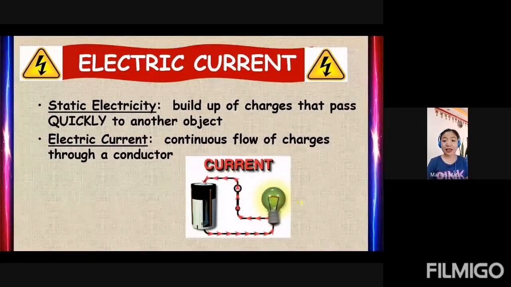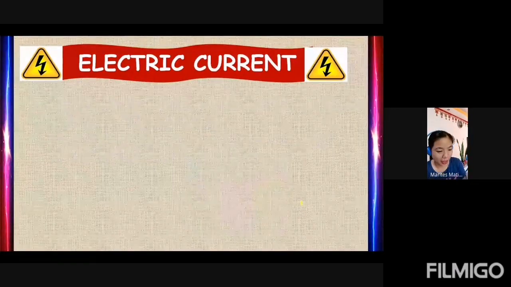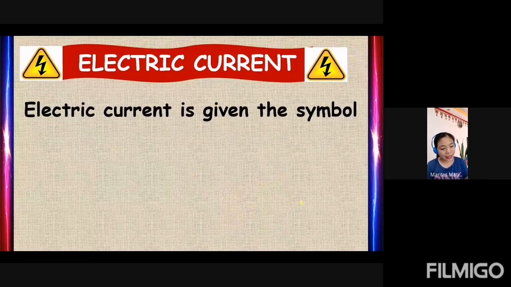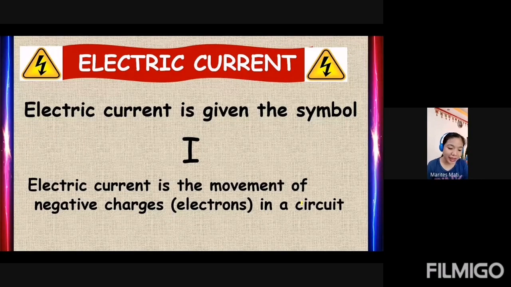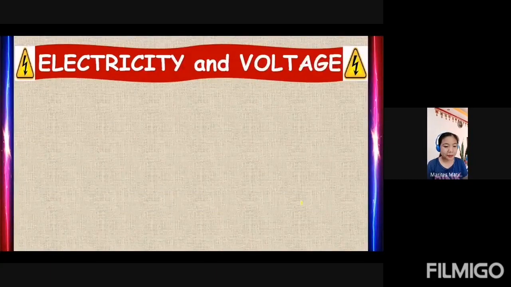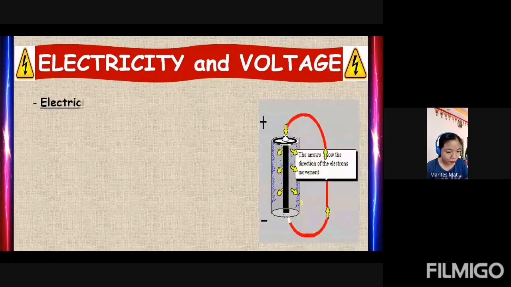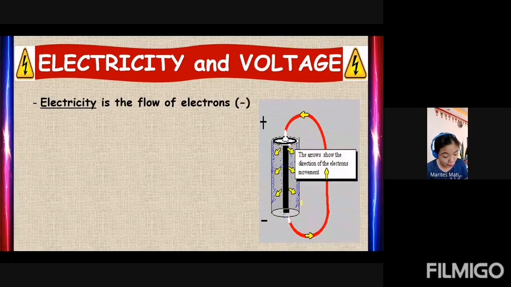So, that's electric current. Next, electric current is given the symbol I. Take note of that, I is its symbol. Electric current is the movement of negative charges in a circuit. So, electricity is the flow of electrons.